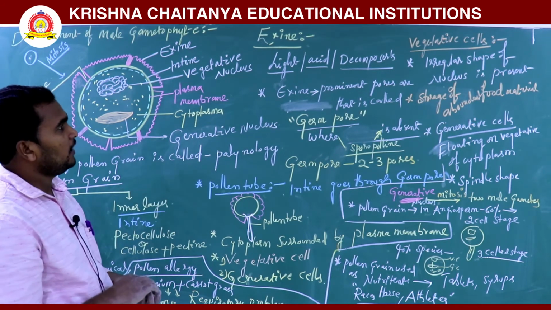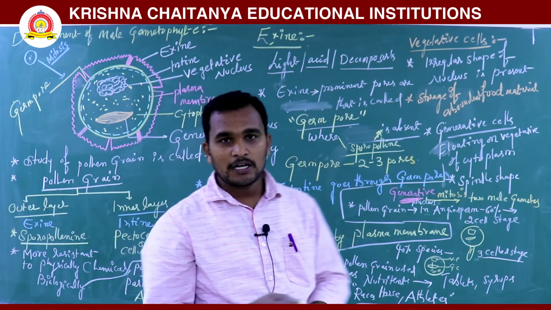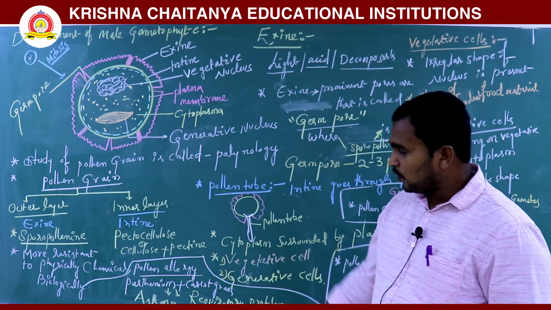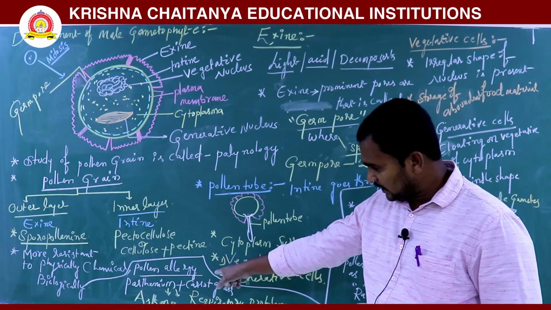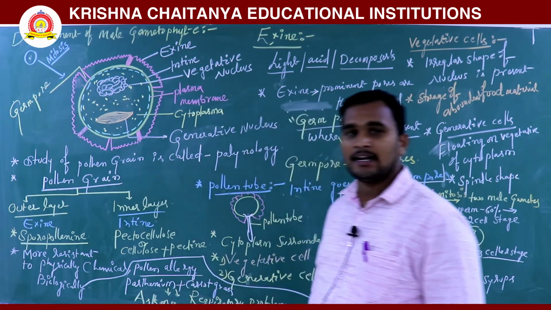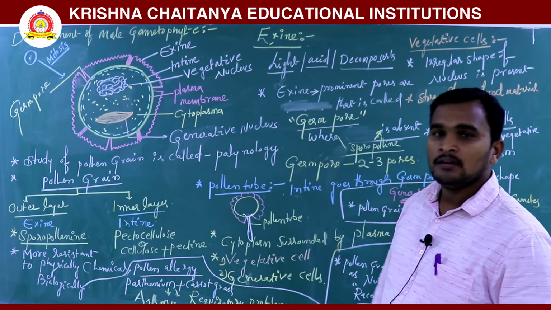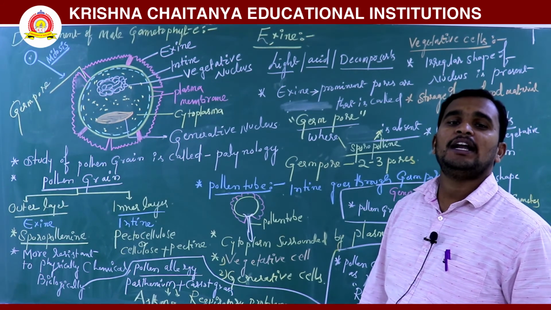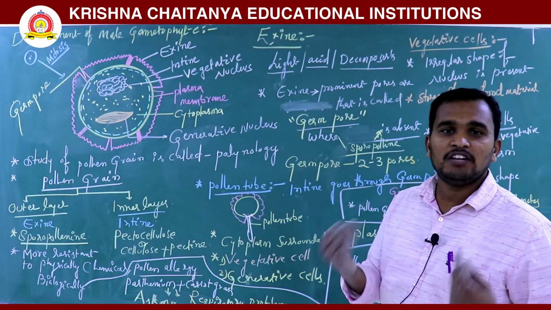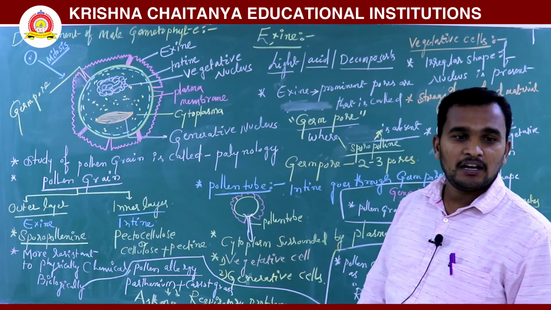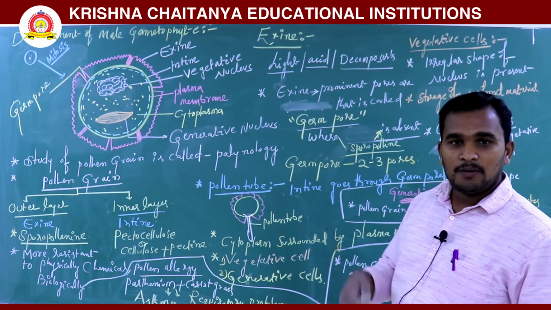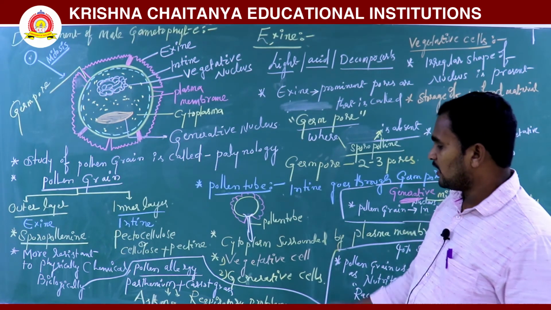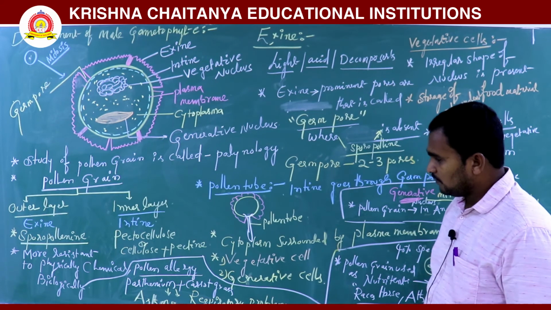They came to India through contamination, when wheat was imported. Through contamination, parthenium and carrot grass came to India.